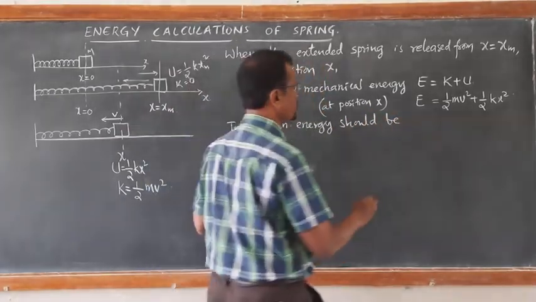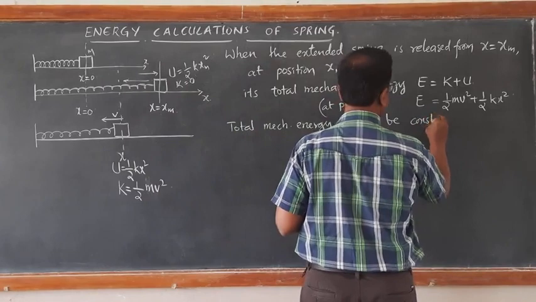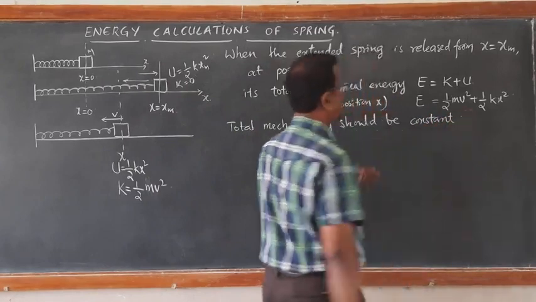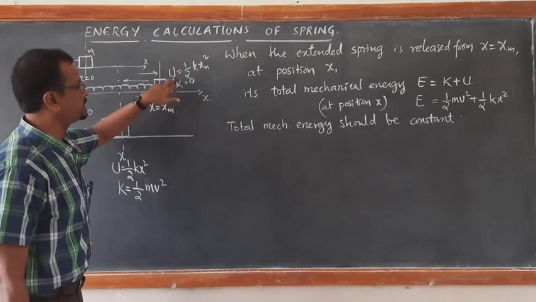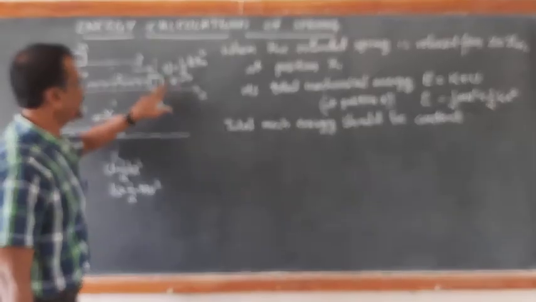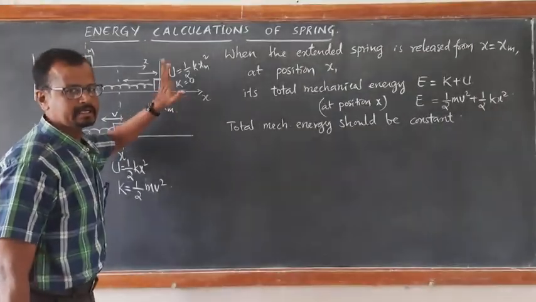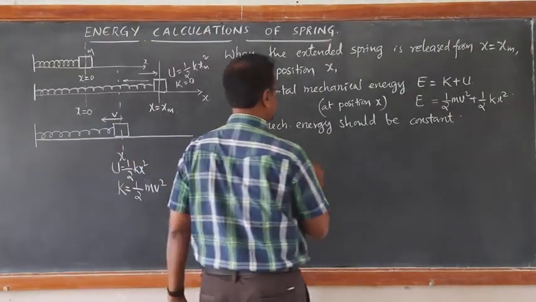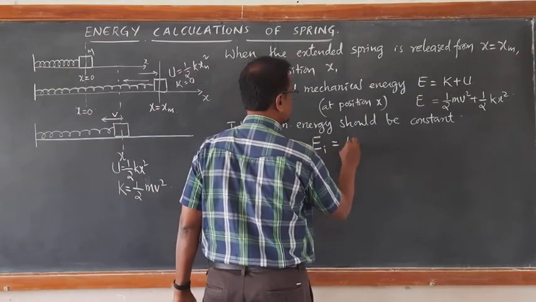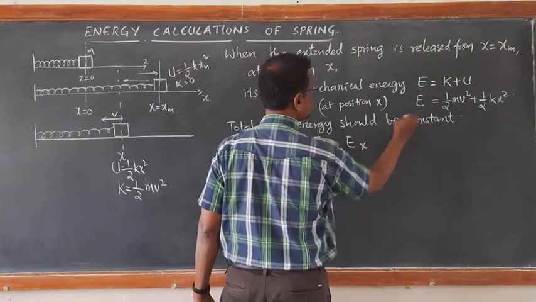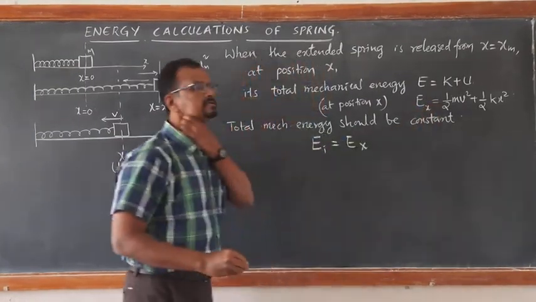Conserved means it should be constant. It means whatever the initial energy it has, initially it is having total mechanical energy half kxm square at the extended position. So total initial energy must be equal to energy at x.